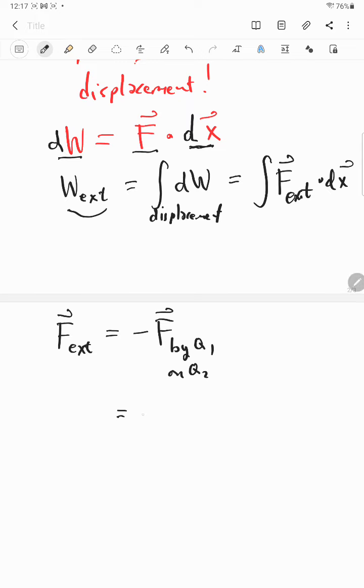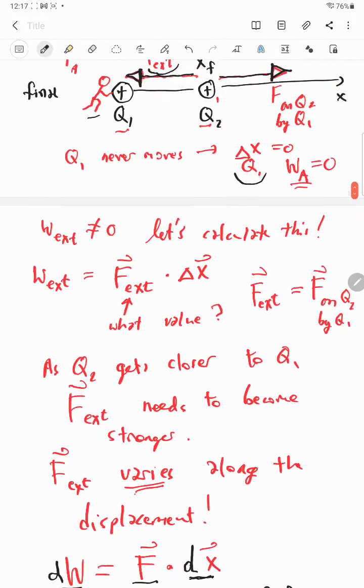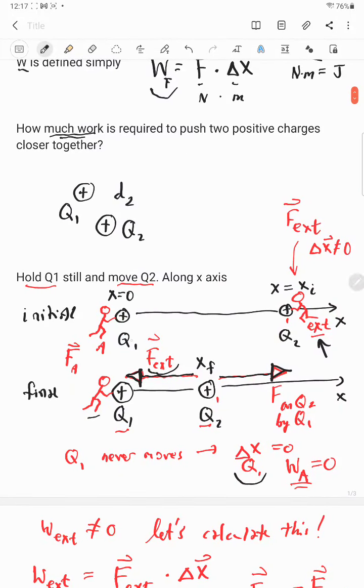So I'm going to say that this is minus Q2 times the electric field of Q1, right? So remember, in terms of electric field, Q1 fills the space everywhere. In this example, Q1 fills the space with electric field, and Q2 feels that electric field.